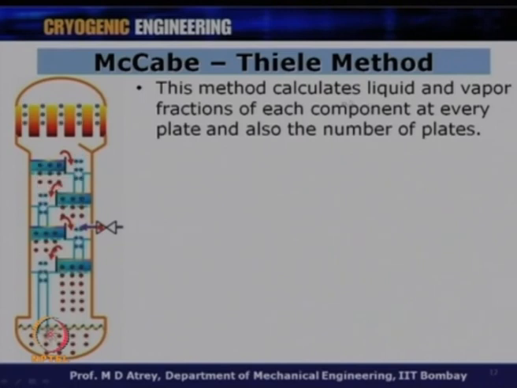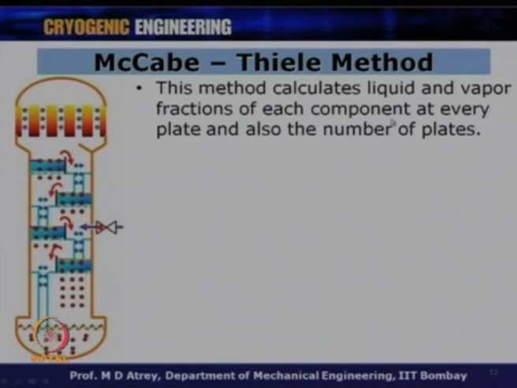This method calculates the liquid and vapor fraction of each component at every plate and also the number of plates. So, what do we do basically? We march up or we march down from the feed. This is the feed. You go up or you go down, and at every plate we calculate the liquid and the vapor fraction of each component. And again, we are talking about a binary mixture over here. At every plate, and therefore, we will calculate ultimately the number of plates required for a given purity.